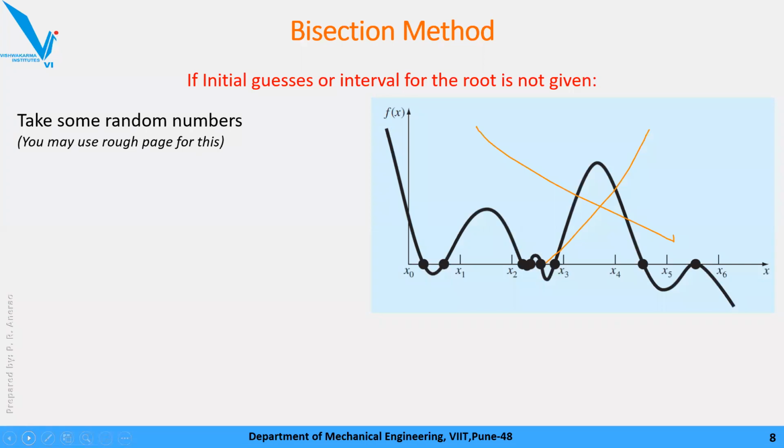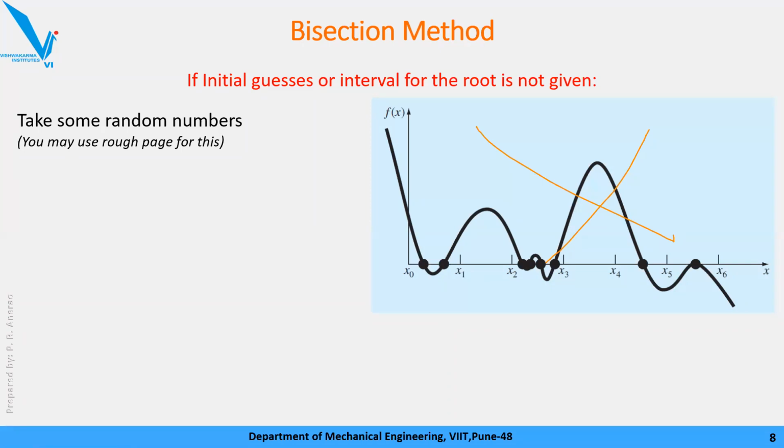Please listen carefully, because we are going to implement this procedure for our exam and assignments. The problem statement doesn't give an initial guess; they left it up to you to take whatever you like. Now the problem is how to find the initial guess.